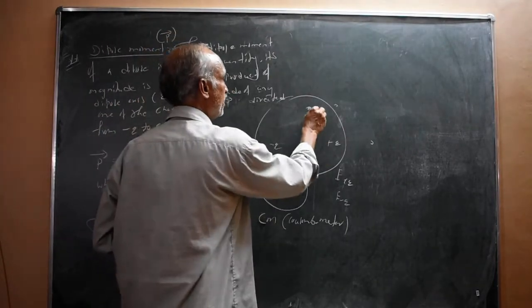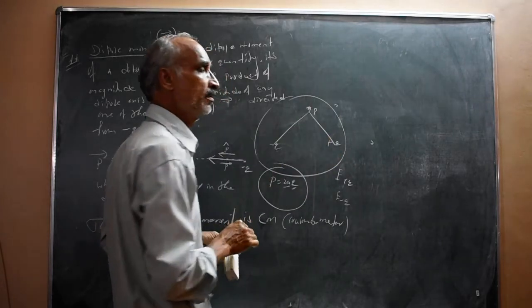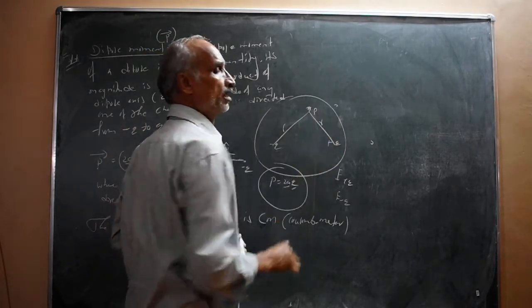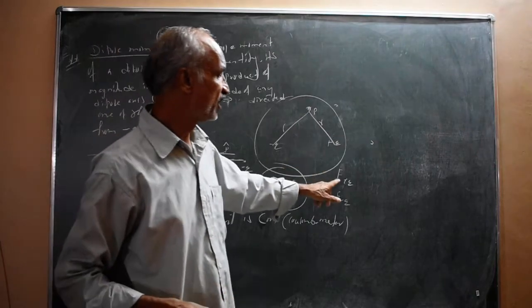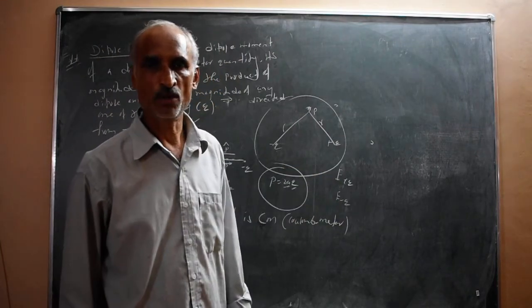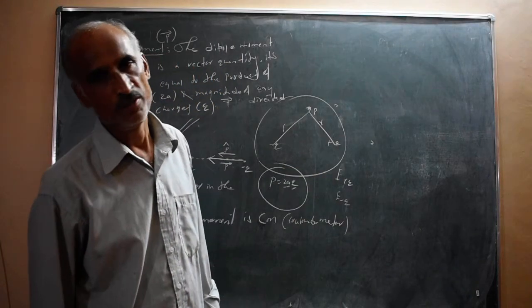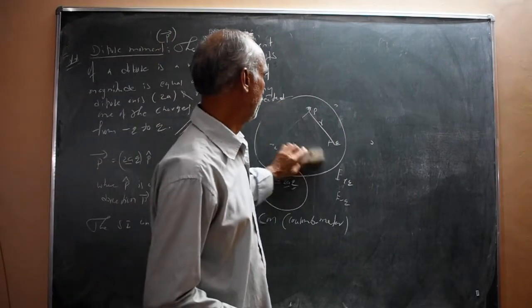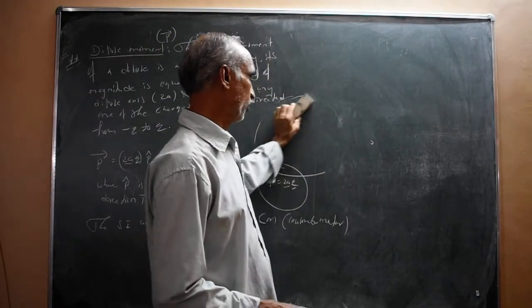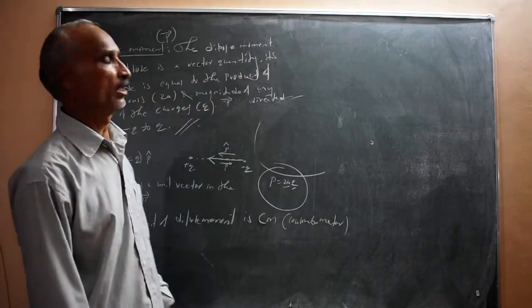Here is the point P, say here is the smaller distance, here is the bigger distance, r varies. Therefore, the field strength will not be the same at each and every point. Hence, the total field is not equal to 0. Okay. Therefore, the field due to a dipole is not equal to 0, even though the total charge is 0.